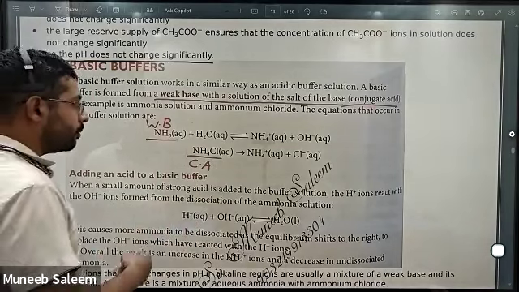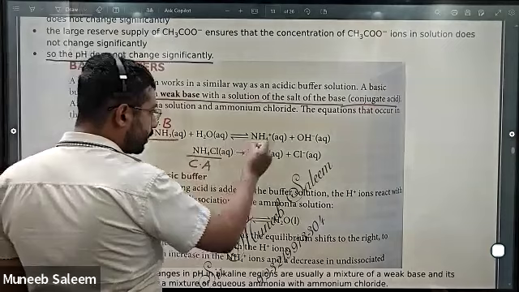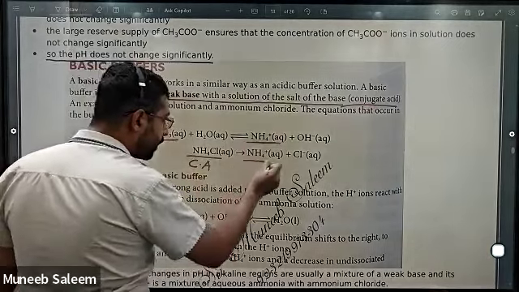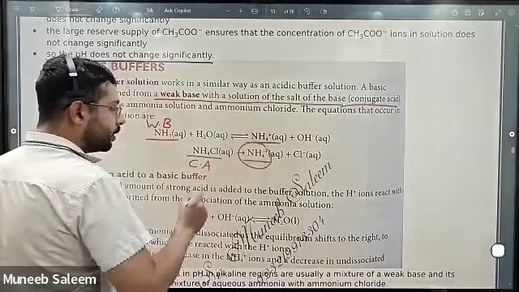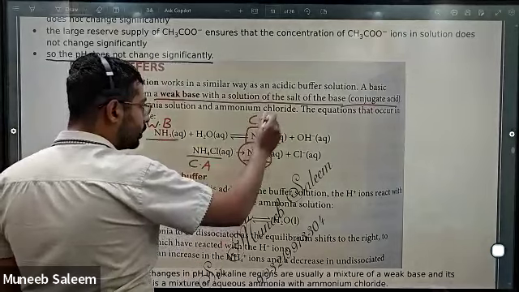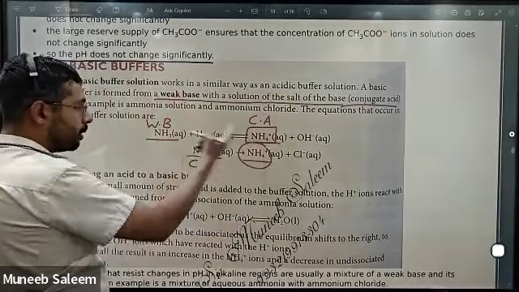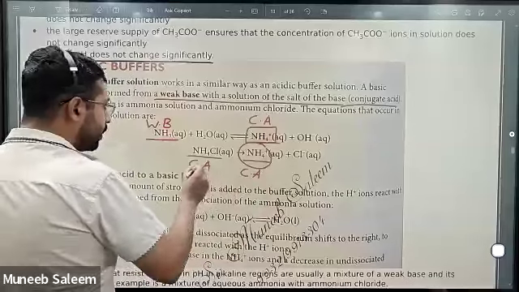Why is it conjugate acid? Because when ammonia is dissolved in water, you get ammonium ion, and the same ammonium ion is being produced by the NH4Cl. So this is considered as a conjugate acid of the ammonia. This is a conjugate acid coming from the ammonia. So that's also conjugate acid.